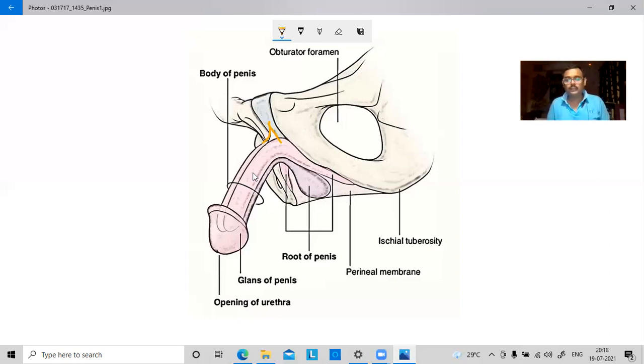But with the contraction of the trigonal muscle of the bladder, the internal urethral opening of the bladder will be closed. Now, there will be no retrograde ejaculation of the semen. There will be forward ejaculation of the semen through the rest of the urethra.